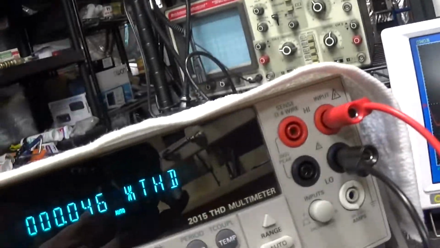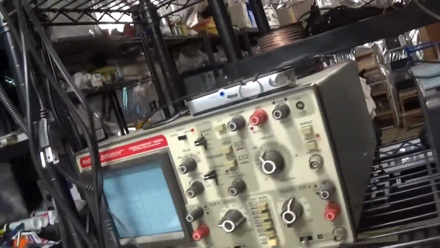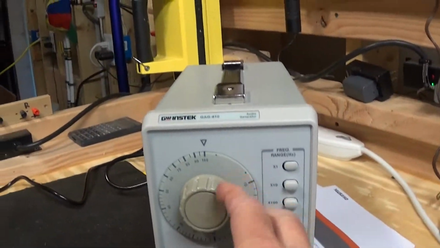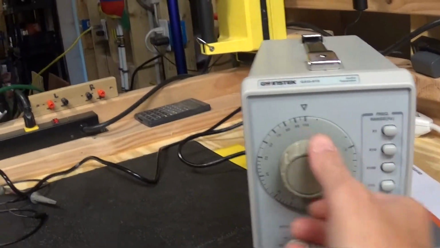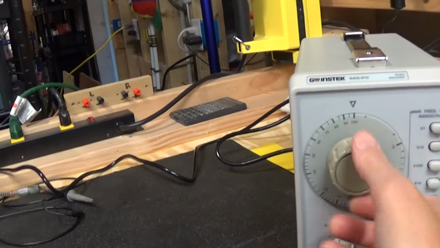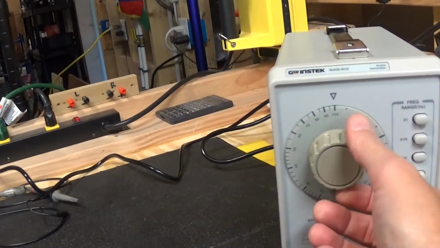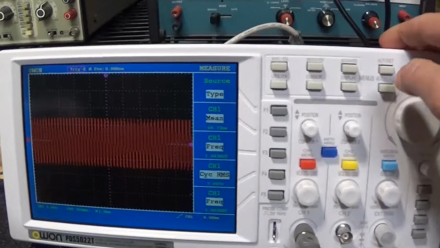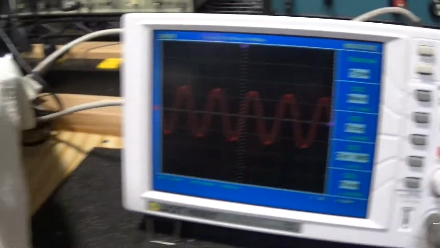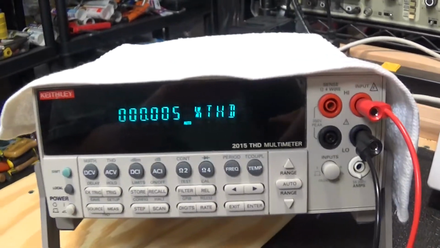I wonder what my THD is for this guy at 20 hertz. I wonder if it's any better. I can tell you that the THD for most of the frequency range, what was it again at a kilohertz? You go to 1K again. Should have written that number down. 0.005 or 6, right?